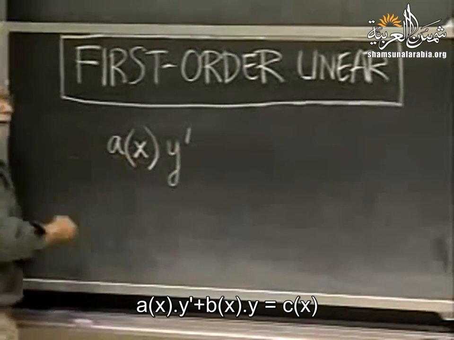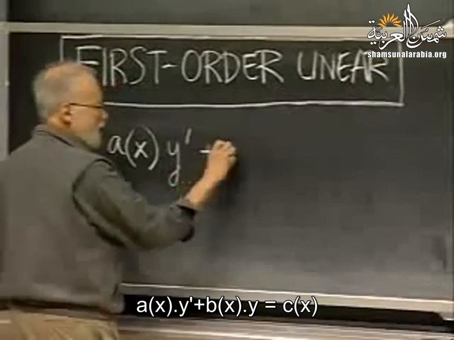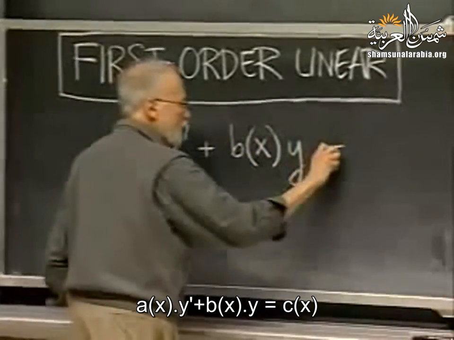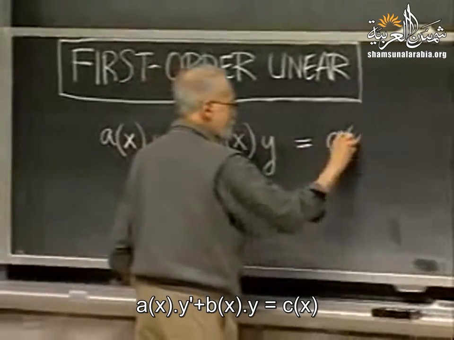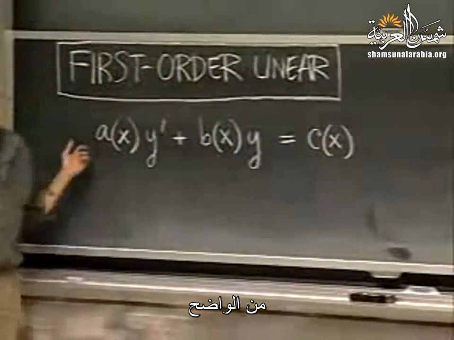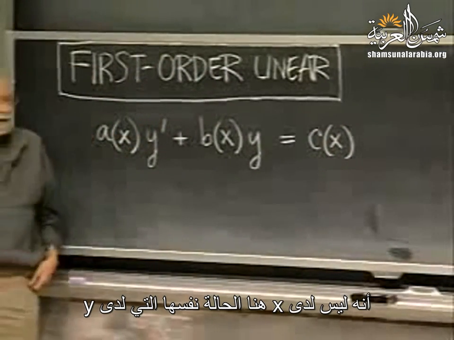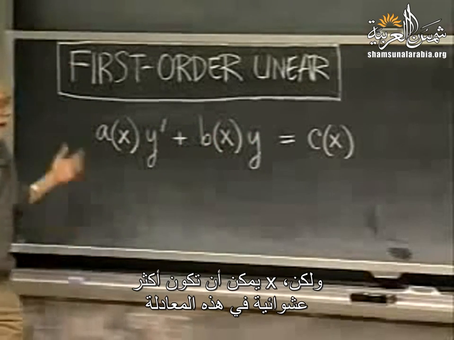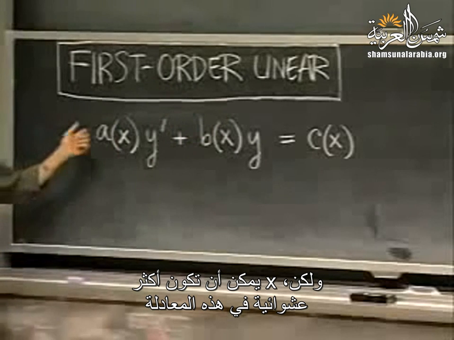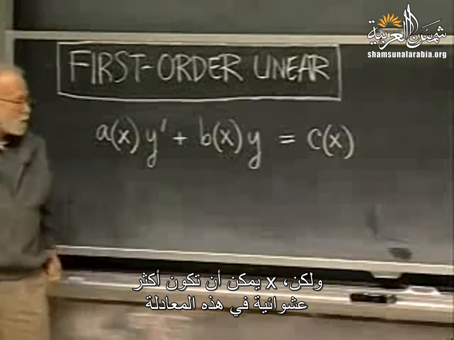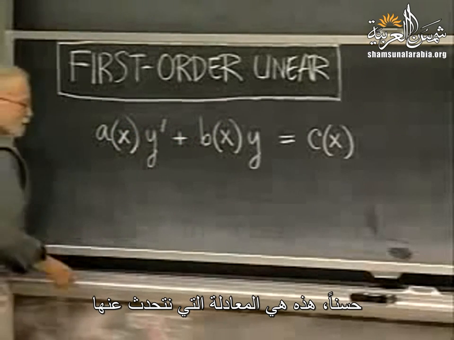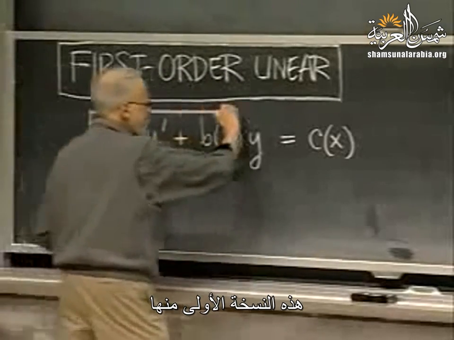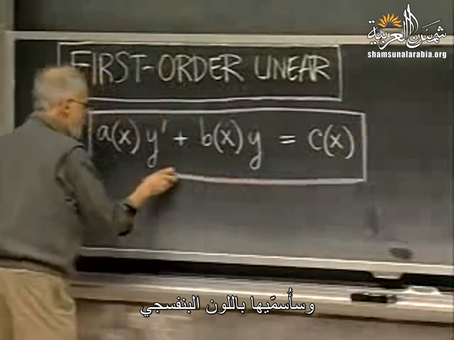Some function of x times y prime plus some other function of x times y is equal to yet another function of x. Obviously the x doesn't have the same status here that y does, so y is extremely limited in how it can appear in the equation, but x can be pretty much arbitrary in those places. So that's the equation we're talking about, and I'll put it up. This is the first version of it, and we'll call it purple.